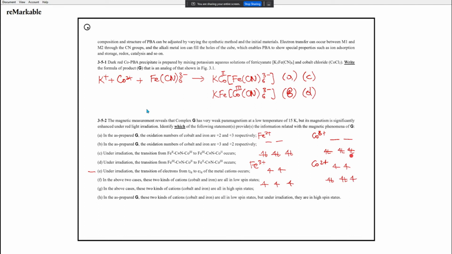You can see that both iron 2 plus is completely stabilized by filling all the sublevels, and then cobalt 3 plus is also stabilized by having the same configuration essentially.